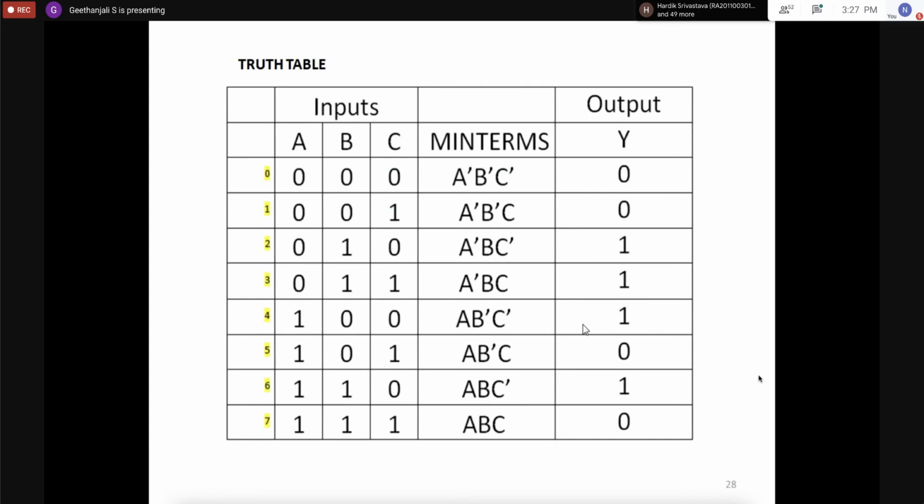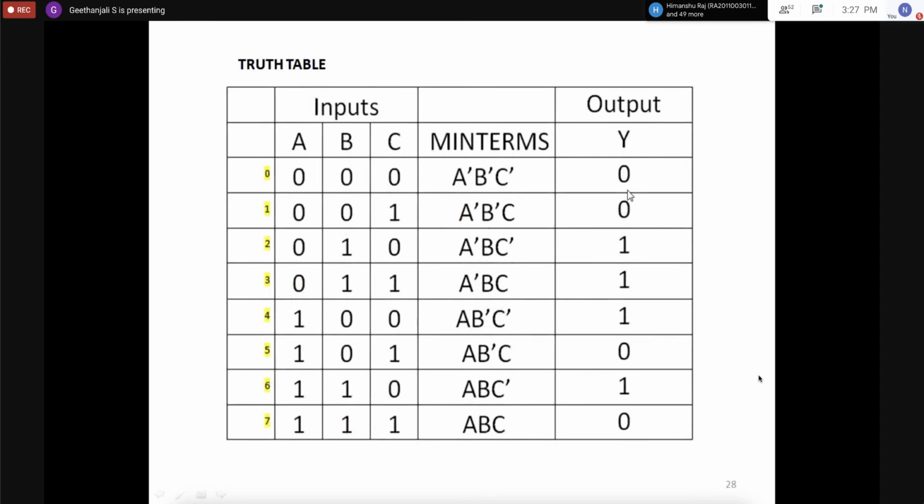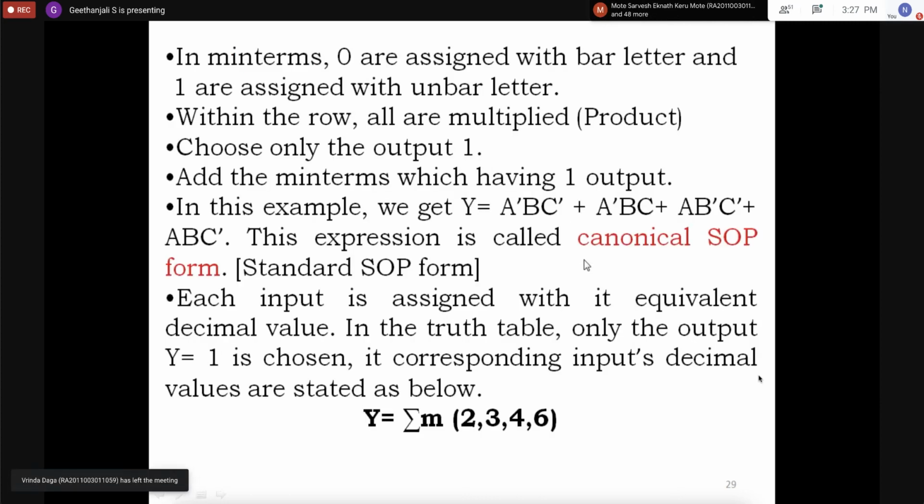Which one? The output means 1010, the min values output. Wait, we will see in the next slide.